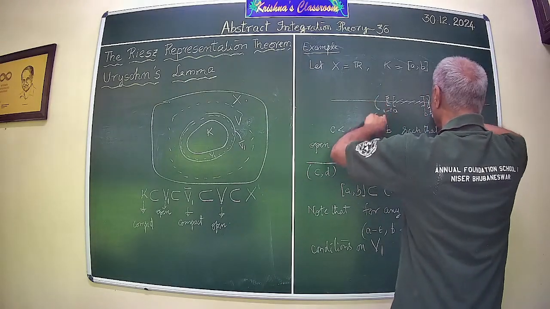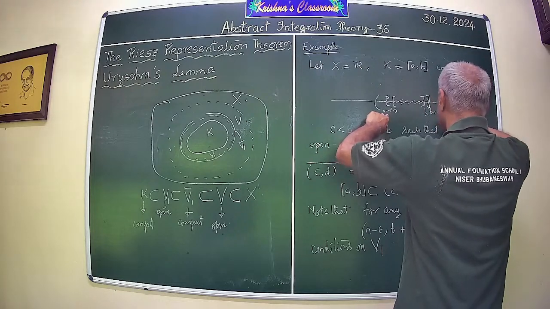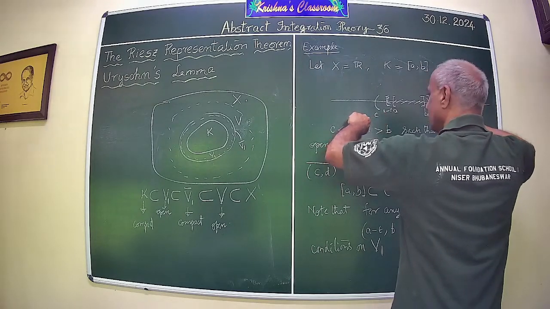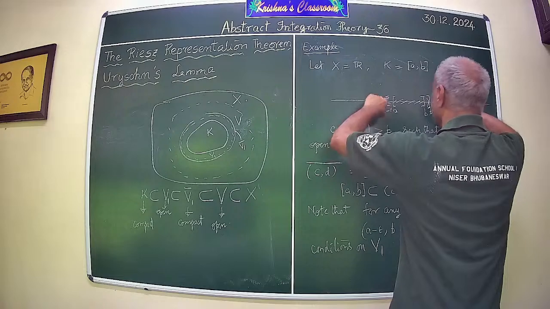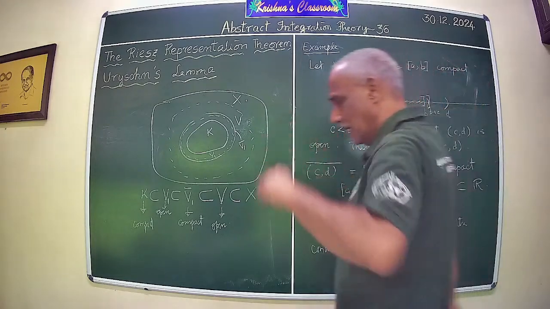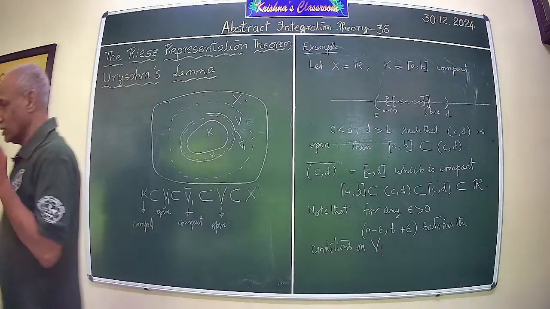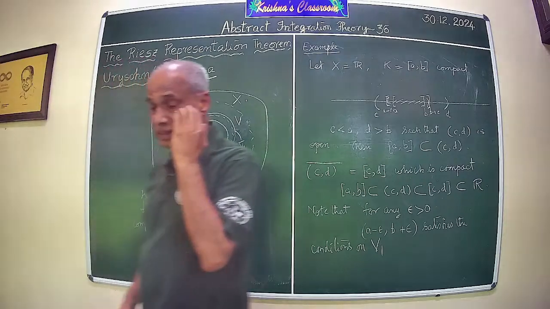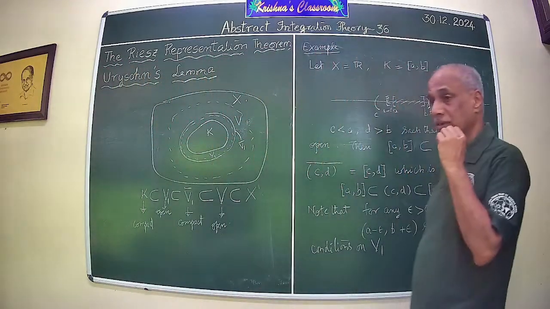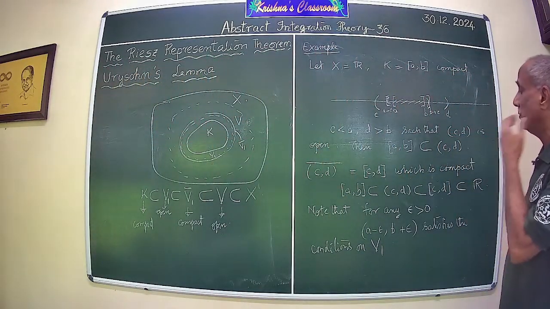Now for the compact set [A minus epsilon, B plus epsilon] and CD which is open, in between you can squeeze in an open set whose closure is compact. So this is the repeated way in which we are going to use this theorem.